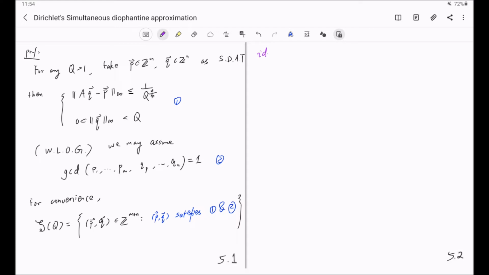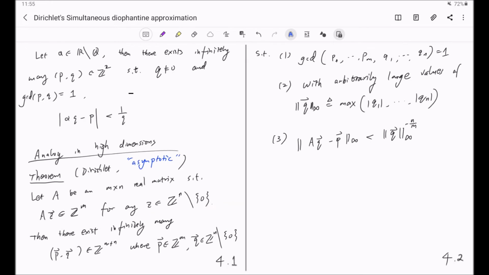And here's the idea of the proof. The idea of the proof will be to choose Q bigger and bigger, and we choose those p, q correspondingly. But the difficult question will be, how are you going to make this q blow up? Remember, in our statement, we need arbitrarily large values of the norm of q.